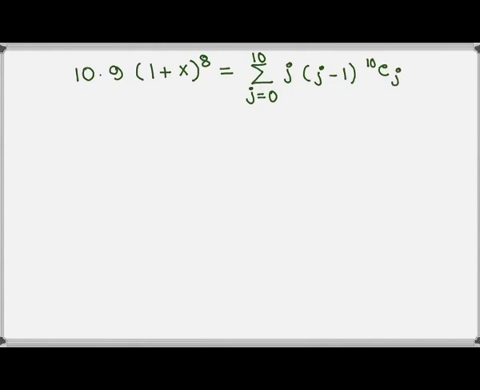We get 10 into 9 into (1 plus x) to the power 8 is equal to the sum from j equals 0 up to 10, j into (j minus 1) into 10Cj into x to the power j minus 2.